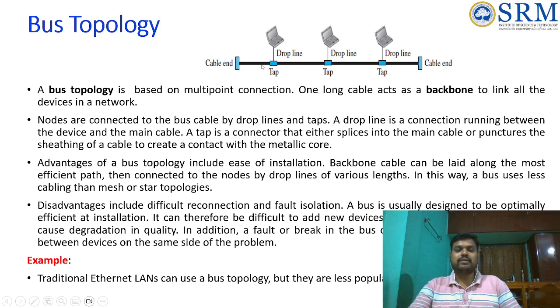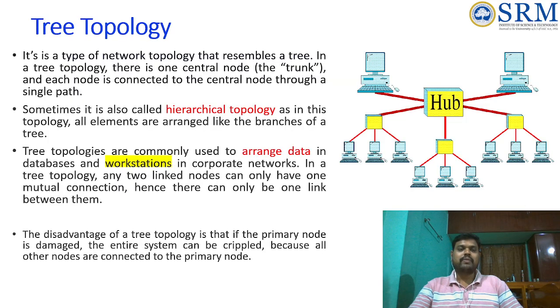The solid line represents the main cable. After that, you can connect a number of systems through drop line cable or Ethernet cable. Most of the traditional Ethernets were implemented using the bus topology, but they are not at all used now.